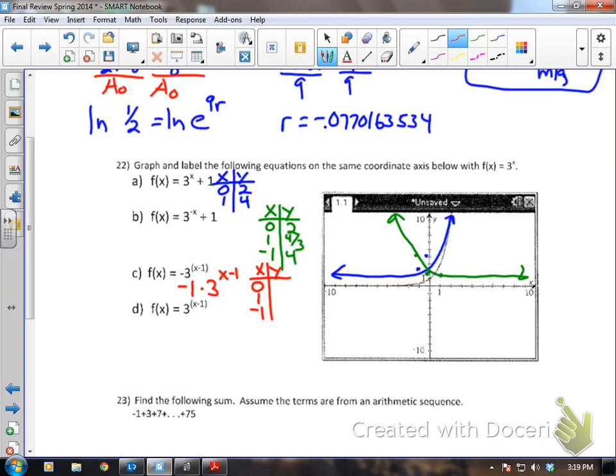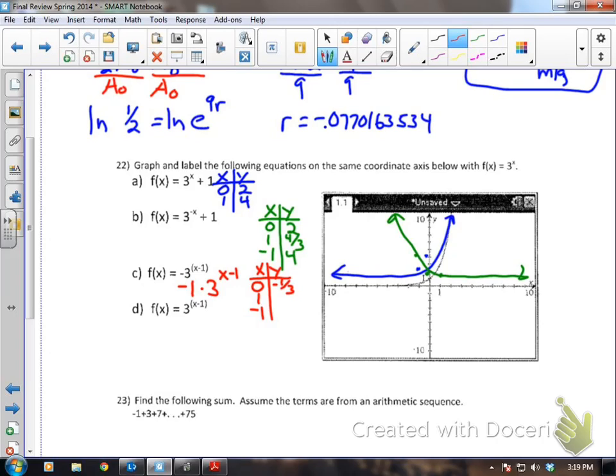Okay, so if I put 0 in here for x, I'm going to have 0 minus 1, which is negative 1. And 3 to the negative first power is 1/3 times negative 1 is negative 1/3. Okay, and then if I put 1 up in there, I'm going to have 3 to the 1 minus 1 power, which is 0.